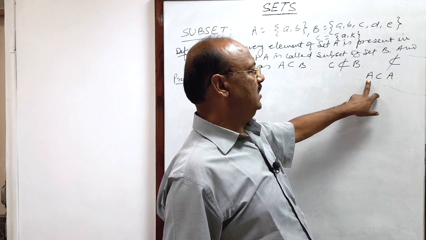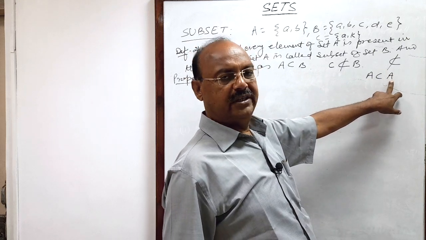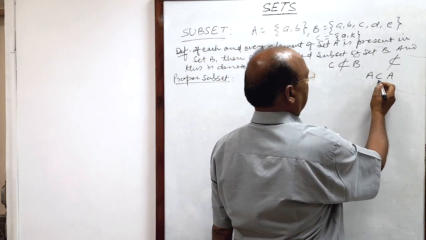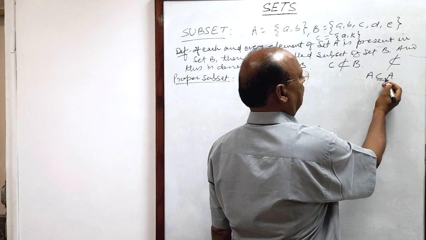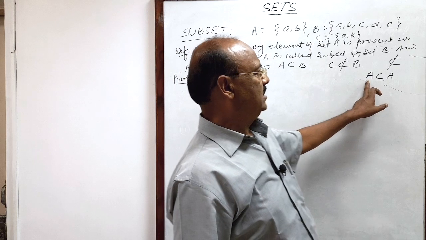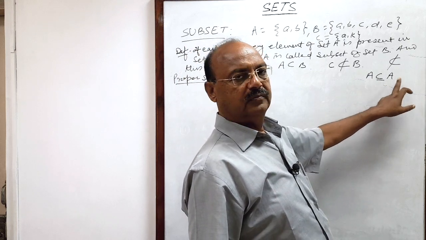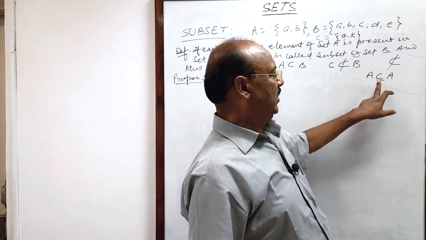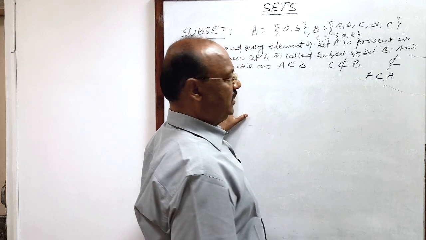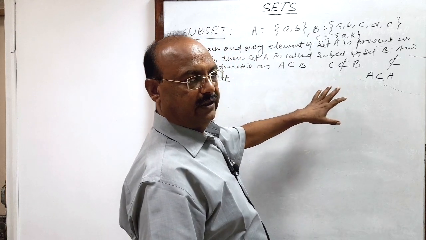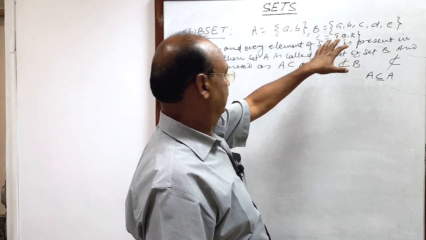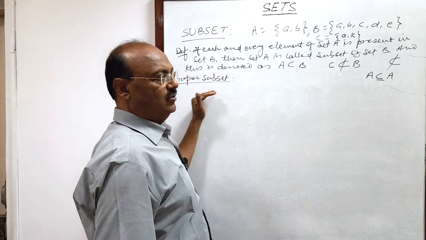All elements of set A are also present in set A. In this case, along with this notation, we put a sign which indicates equality. But a proper subset cannot be equal. The number of elements in set A is always less than the number of elements in set B. Let us try to understand what is a proper subset.